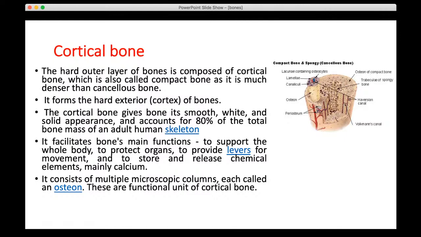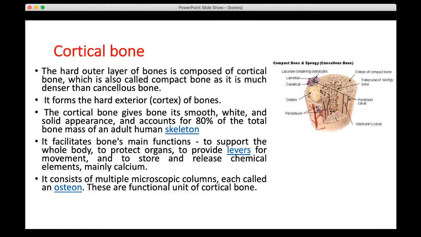Otherwise, we could talk at length on cortical bone only. That is not the aim. The aim is just to make you familiar with the bone tissues and how they are related to biomechanics. Right now I'm just giving you the main points required for studying the biomechanics of bones.